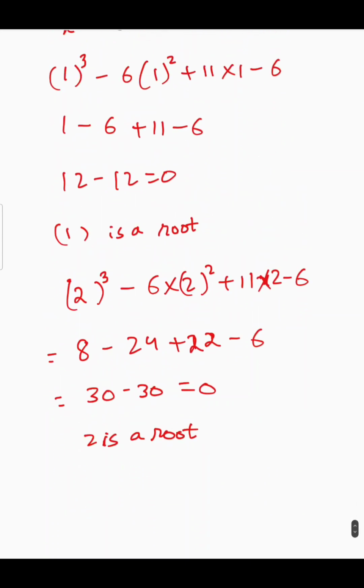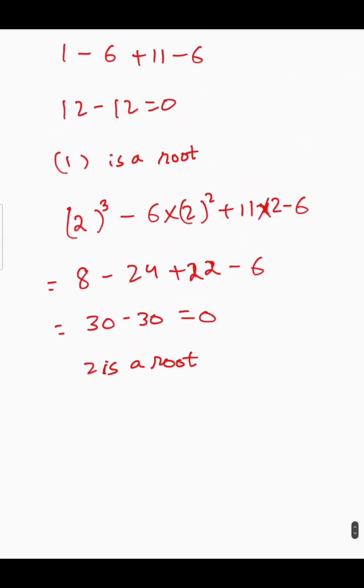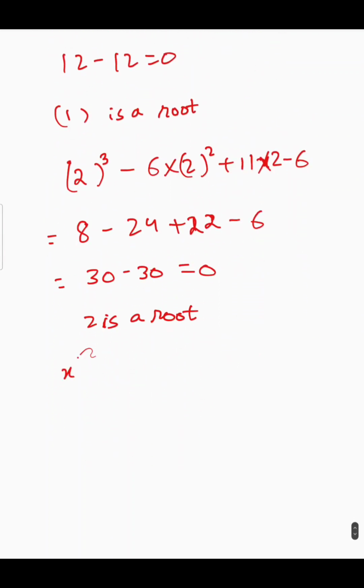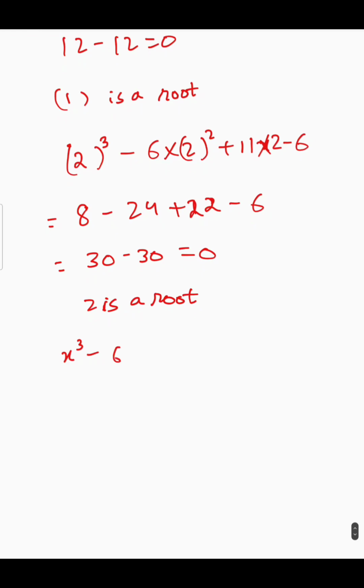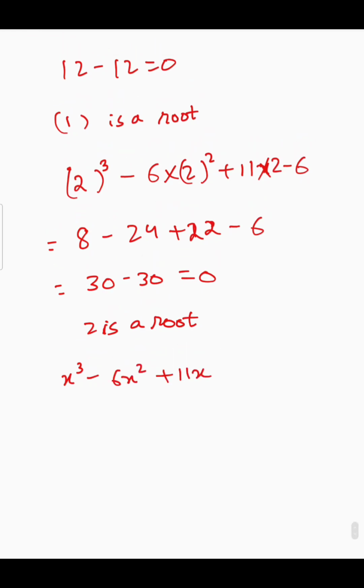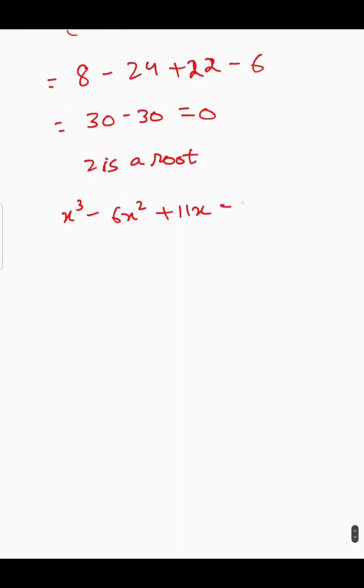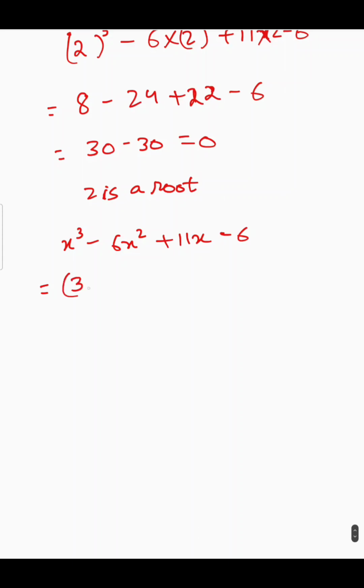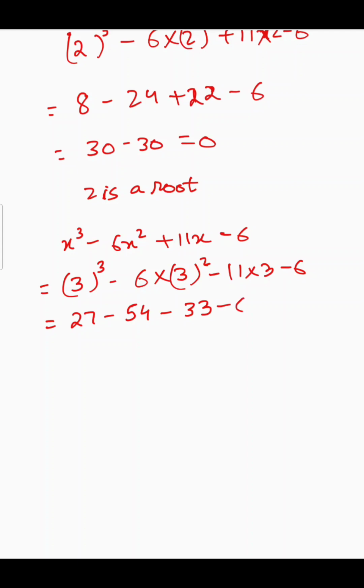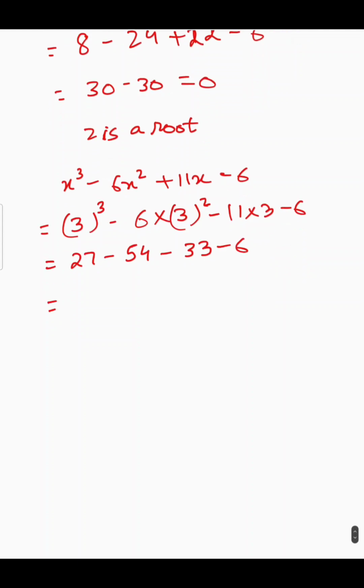Let's check with 3. x cube minus 6x square plus 11x minus 6. So 3 cube minus 6 into 3 square plus 11 into 3 minus 6. 3 cube is 27, 3 square is 9, 9 into 6 is 54, plus 33, minus 6.